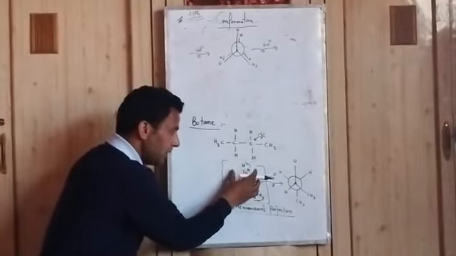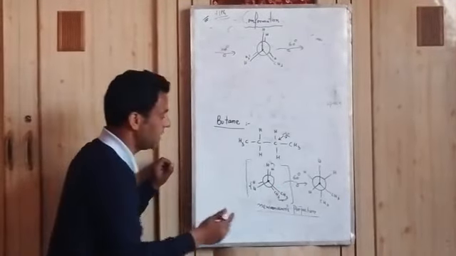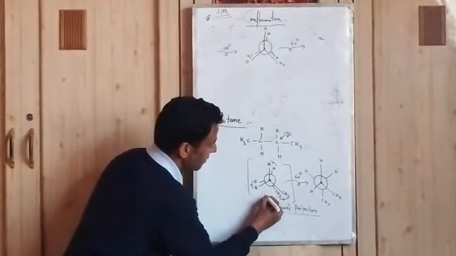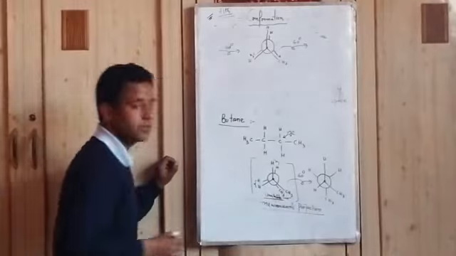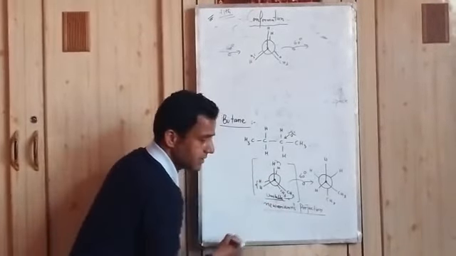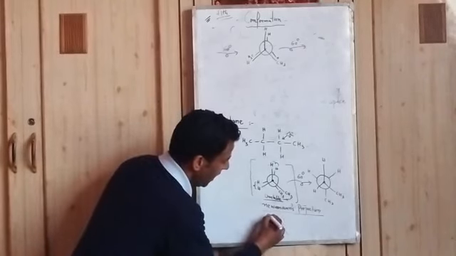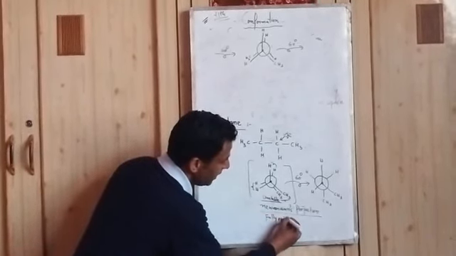So when the repulsion is maximum, that means this compound has the maximum energy. So this is very unstable. And this structure is called eclipsed, or fully eclipsed.